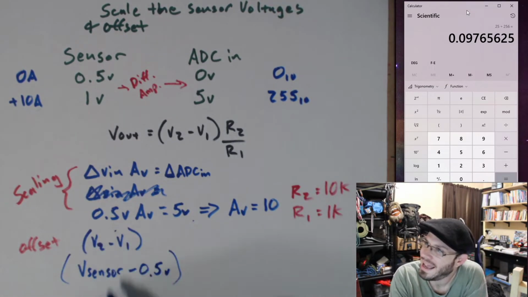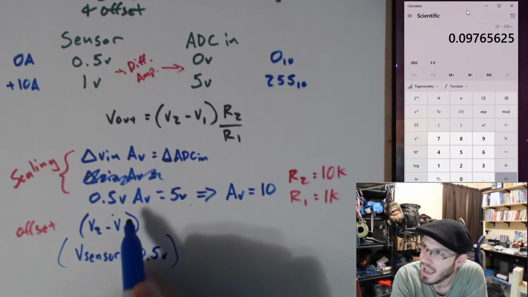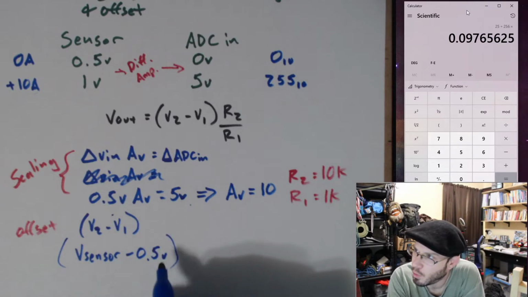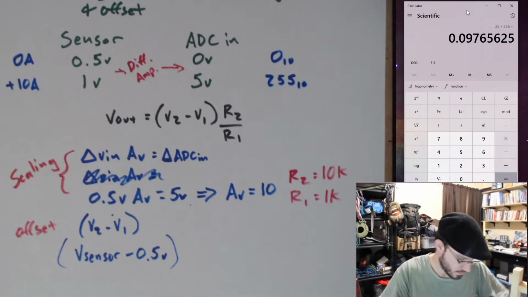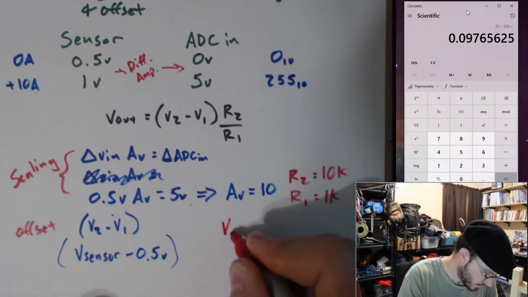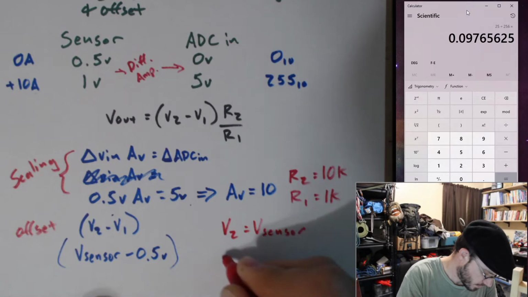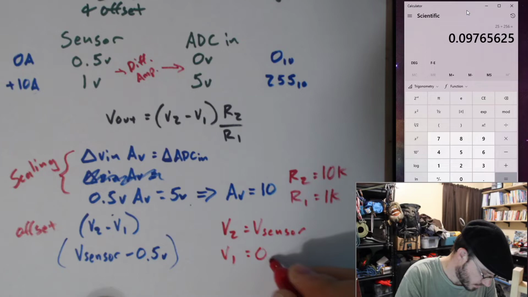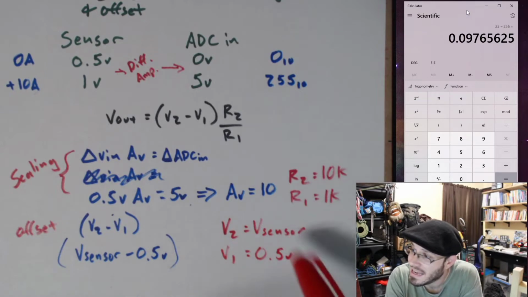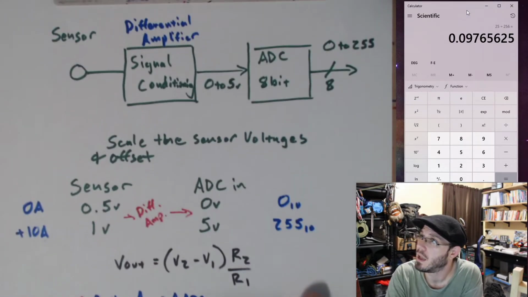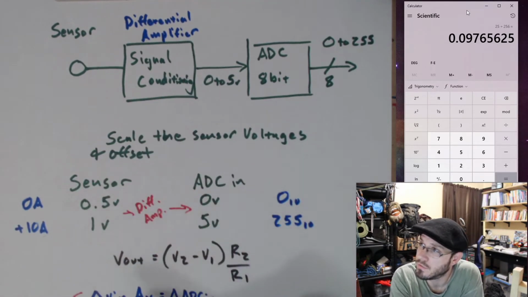Okay, so now I've established what V2 is supposed to be. V2 is my connection to my sensor, and V1 is a fixed 0.5 volts. Okay, so I now have everything that I need to set up my differential amplifier in order to convert my 0.5 to 1 volt into 0 to 5 volts.